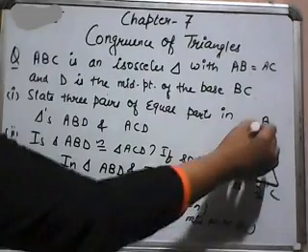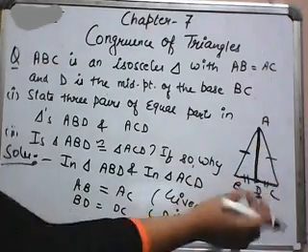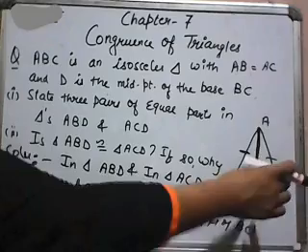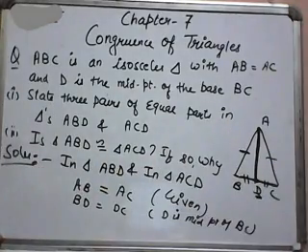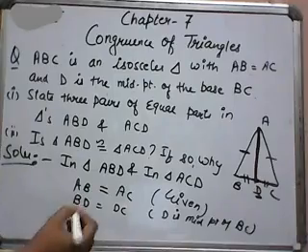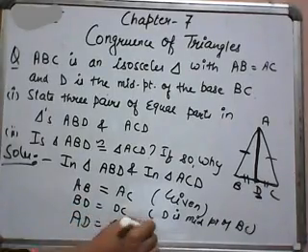Now, line segment AD is in triangle ABD. This line segment is also in triangle ACD. So AD is a common line segment in both triangles. We can say AD is equal to AD, common side.